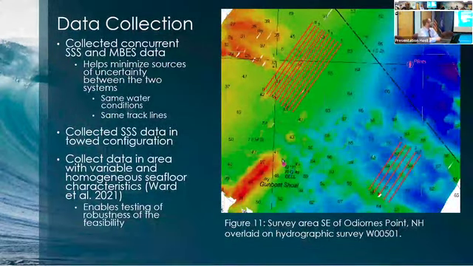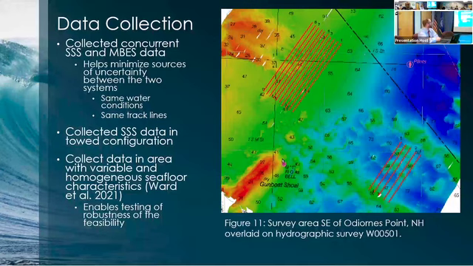So getting into the data collection, the goal was to collect Sidescan sonar with concurrent multi-beam echosounder data, and that helps by collecting them at the same time. You have the same water conditions, you're covering the same ground. The positioning is as close to the same as you can get it.